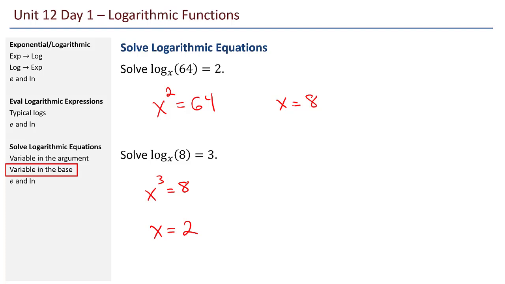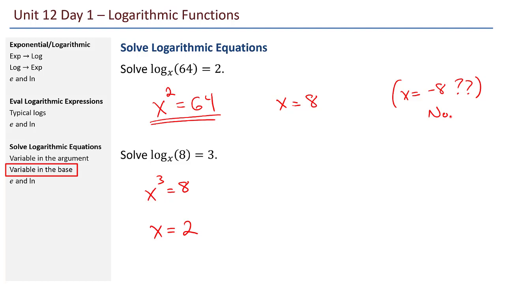Now, one last quick note before we leave this slide. You might be wondering, back in this previous problem, since x squared equals 64, couldn't I also have negative 8? Is that an additional solution? And the answer is no, it's not. Recall that for the base of an exponential function, I can only have positive numbers.